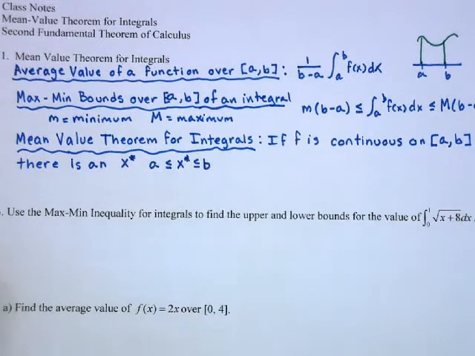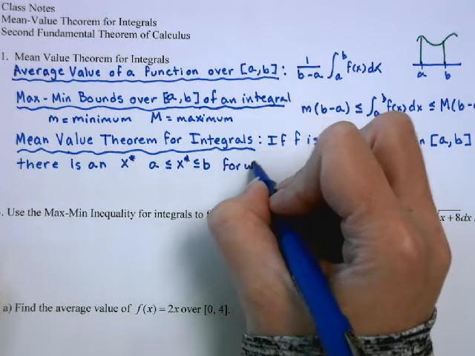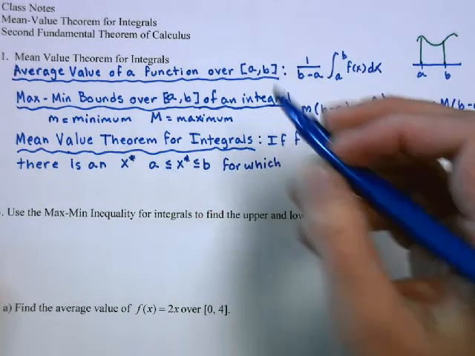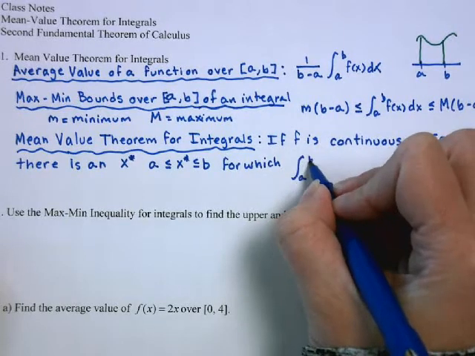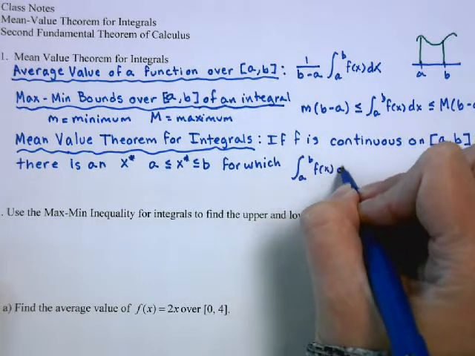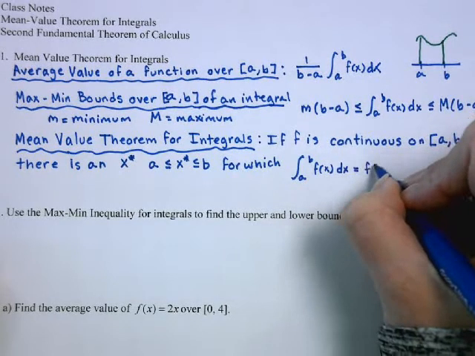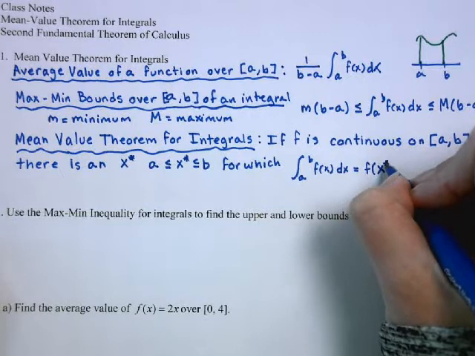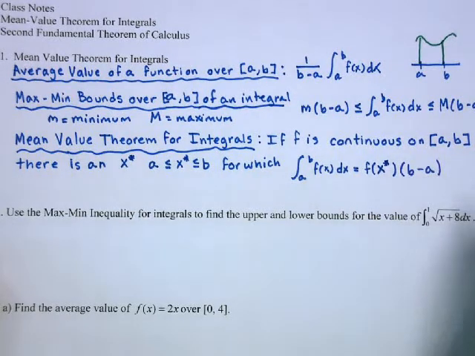So there's some x value in between a and b for which the integral from a to b of f of x is equal to f of x star times b minus a.